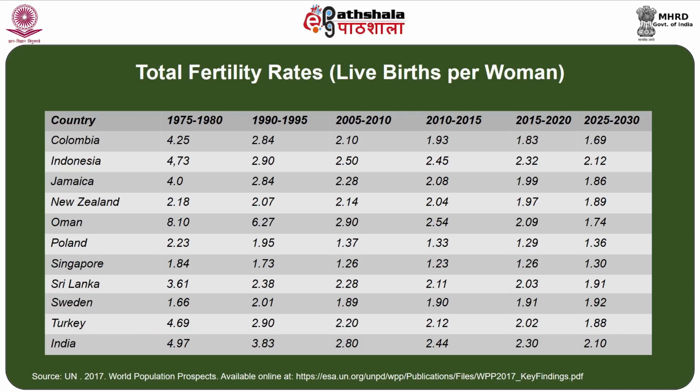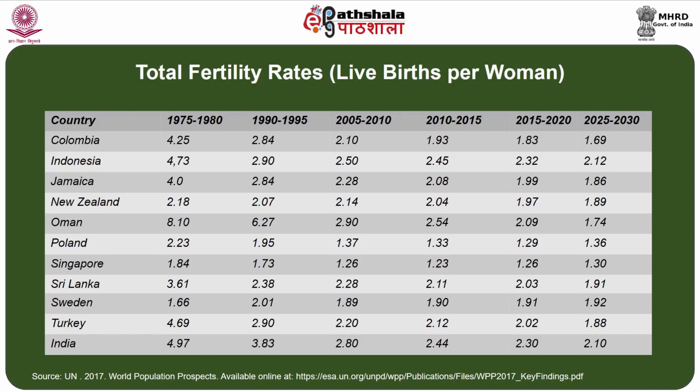Singapore had a very low fertility rate even in 1975 to 1980, a TFR of only 1.84, which declined further to only 1.23 in 2010 to 2015, but it is projected to increase slightly to 1.30 in 2025 to 2030.